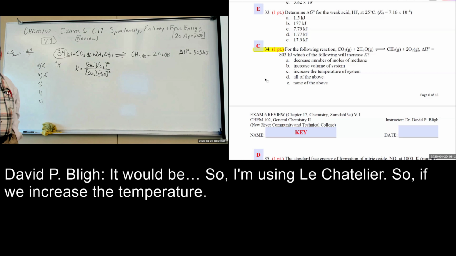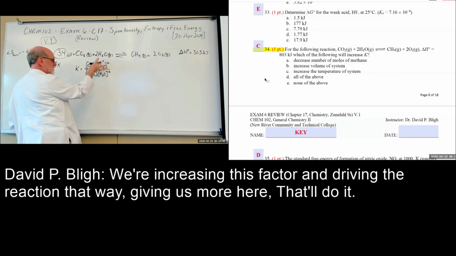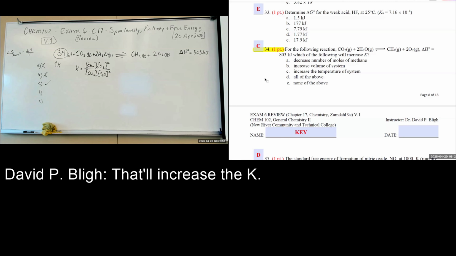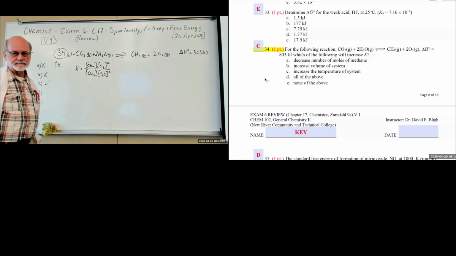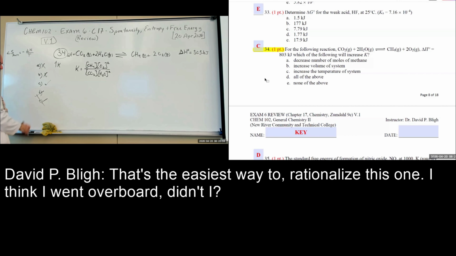I'm using Le Chatelier. So if we increase the temperature, we're increasing this factor and driving the reaction that way, giving us more here. That'll do it. That'll increase the K. And all the above, none of the above, it doesn't work. That's the easiest way to rationalize this one.